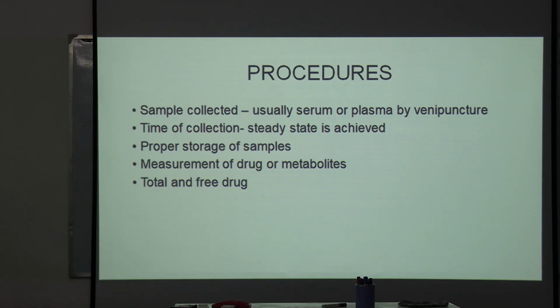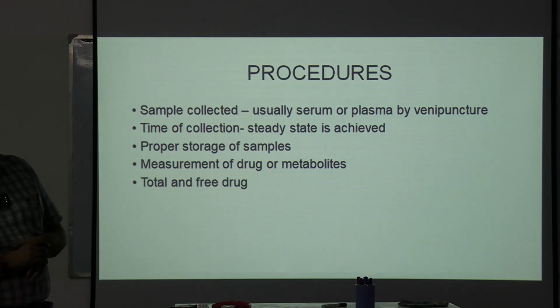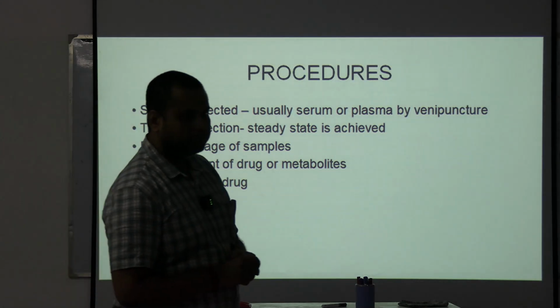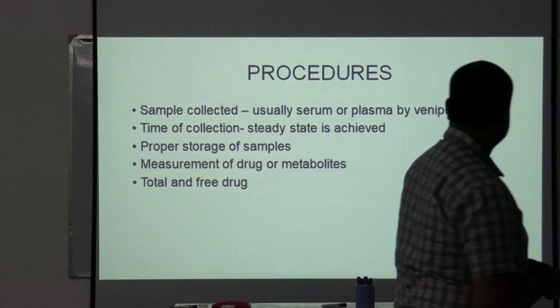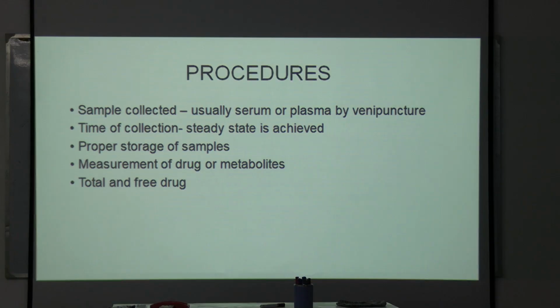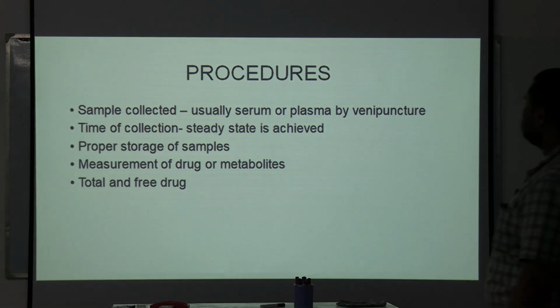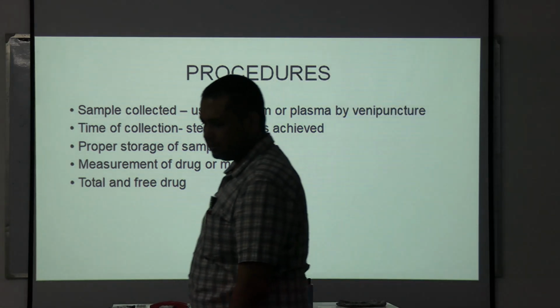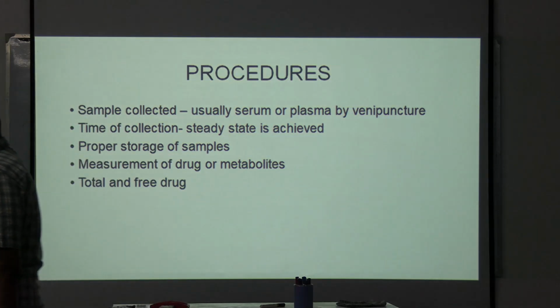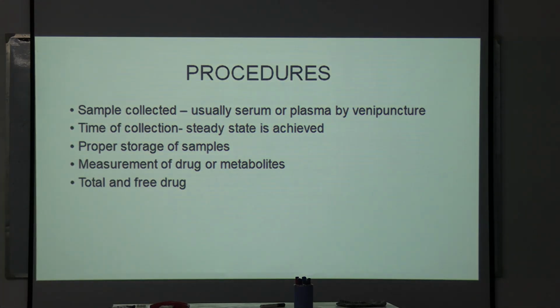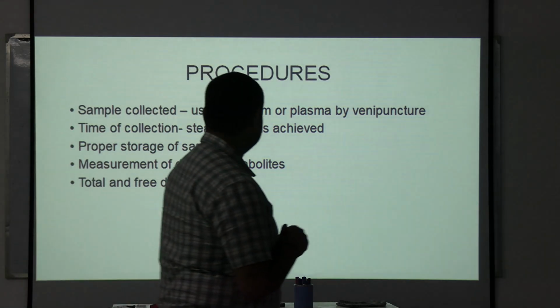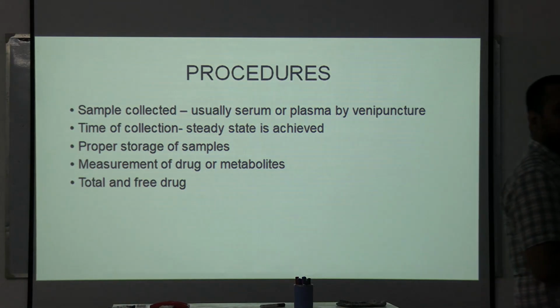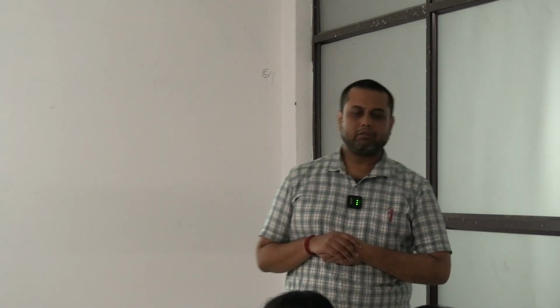Procedure: sample collected is usually serum or plasma, collected by venipuncture. Time of collection is when steady state is maintained. What do you mean by steady state?